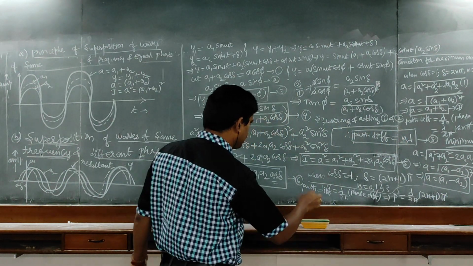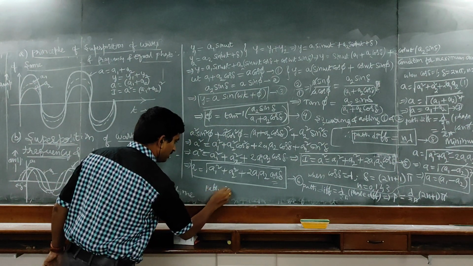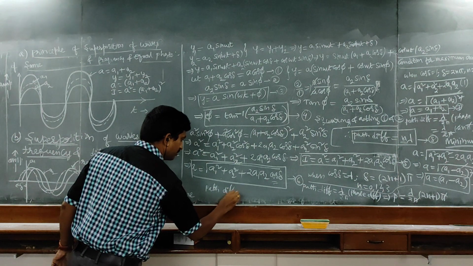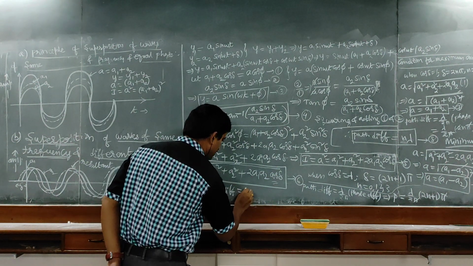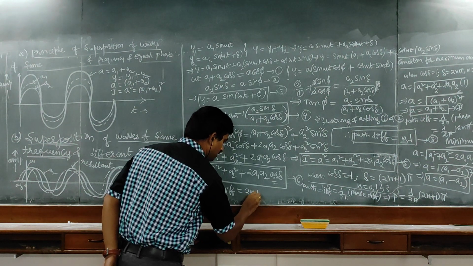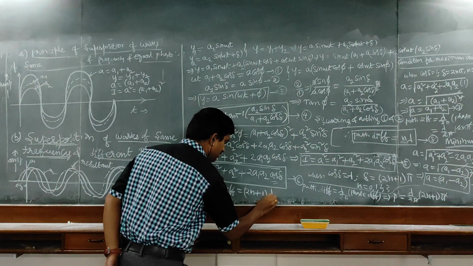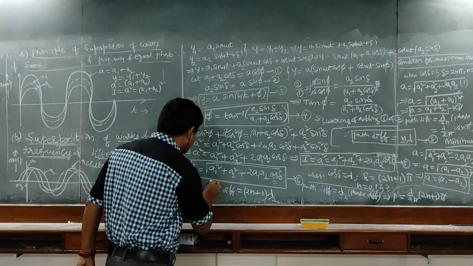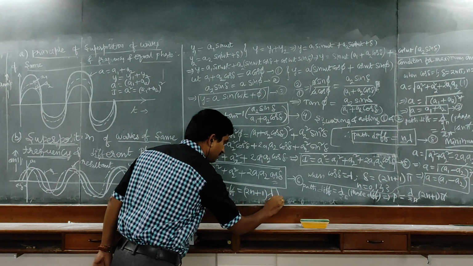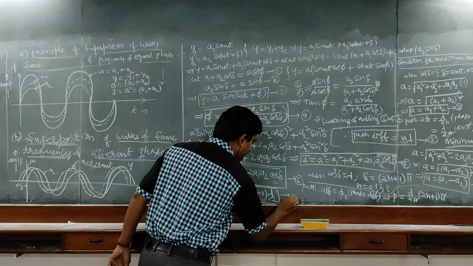So the path difference is equal to (2n plus 1) into lambda by 2. This is the condition for path difference in the case of minimum amplitude. Let it be named equation number 10.